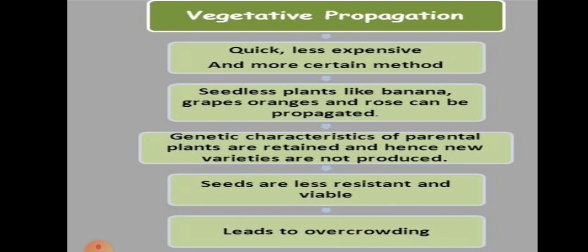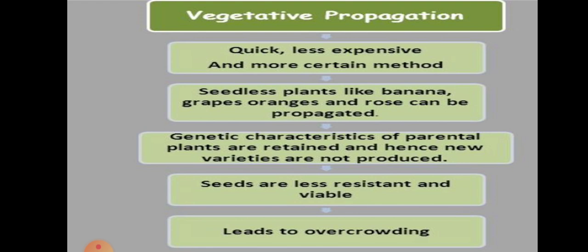So let us see the advantages of vegetative propagation. It is a quick, less expensive and more certain method. It is quick, very fast, and less expensive.